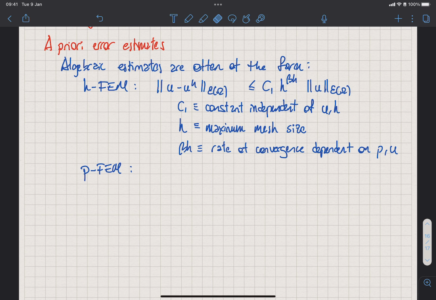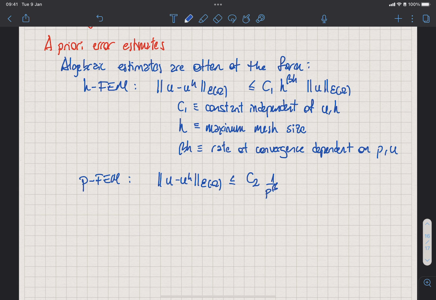This expression is going to read: the error in energy norm is now bounded by some other constant, C2, divided by p to the power of beta_p. Beta_p is now my rate of convergence for p-FEM, times the norm of the exact solution, again in the energy norm.